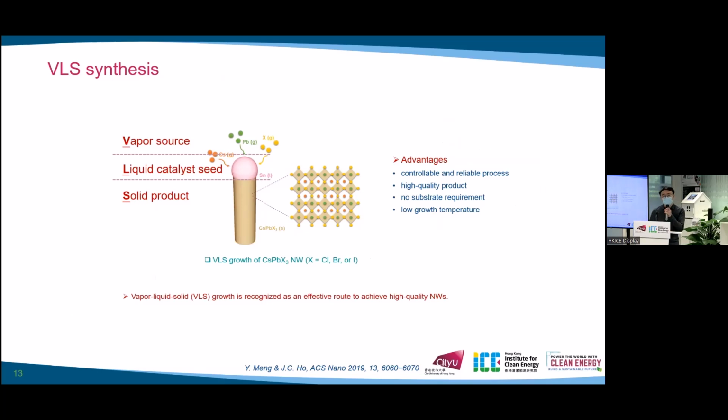For example, it's controllable, and as a result, we can get high quality nanowire products, and also no substrate requirement is needed. So we can use some amorphous silicon oxide as the substrate, and also the growth temperature is low. So the VLS growth is an effective route to achieve high quality nanowire.